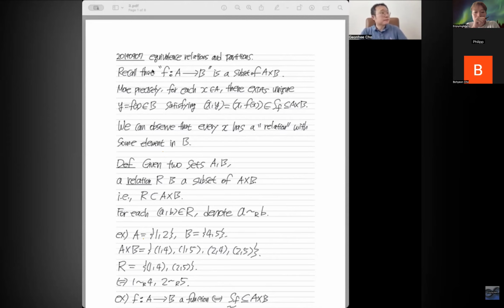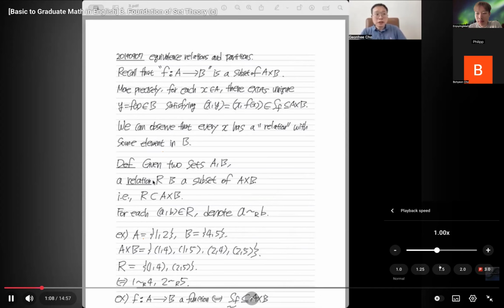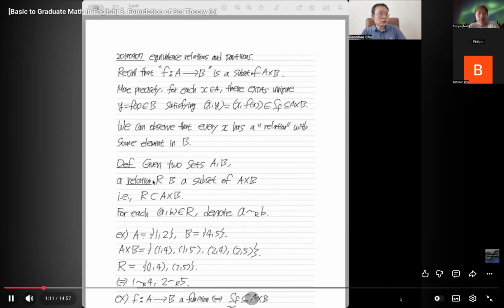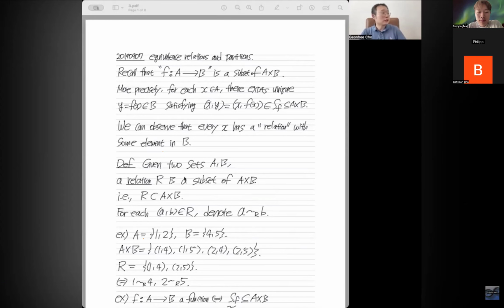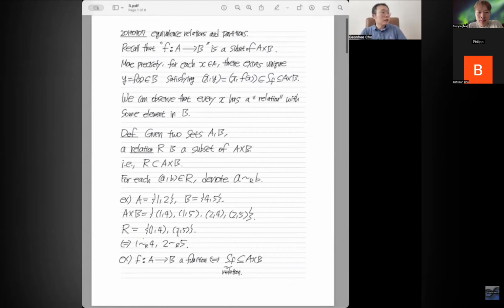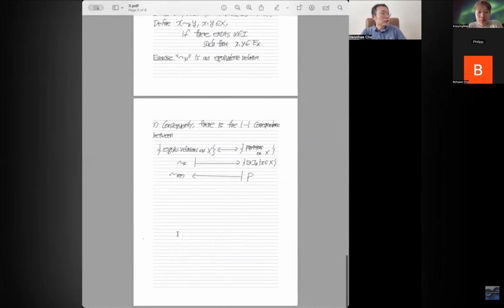A function was a special kind of so-called a relation that assigned exactly one output to each input. This note, we begin with more general concept of so-called a relation. And then among other relations, we study a very special kind of relations called an equivalence relation, which groups objects into the same kind. These notes organize into few major stages.